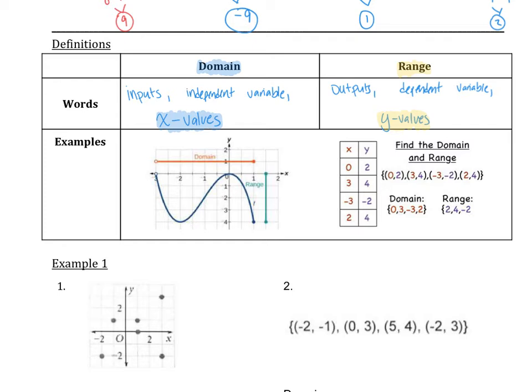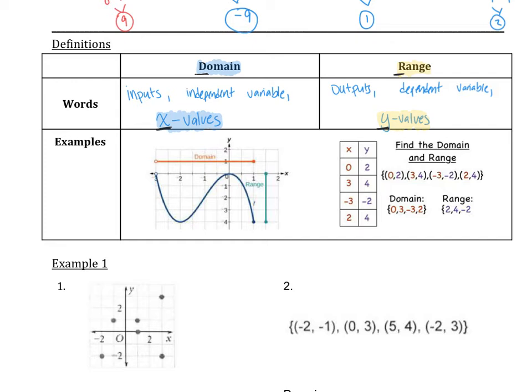How I remember it, domain starts with a D, kind of goes in alphabetical order, so x comes first, and then the range starts with an R, goes in alphabetical order, y comes next, right? So that's how I remember it, but I think you're going to see these words over and over again. Hopefully you get used to them. Domain is your x values, your range is your y values.